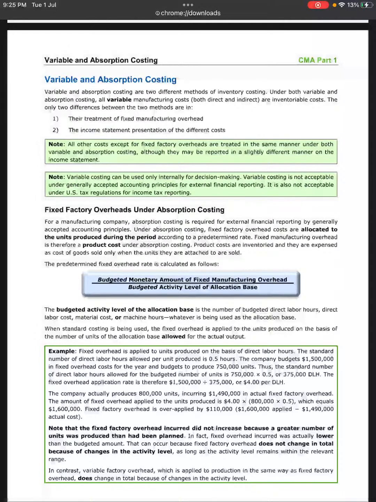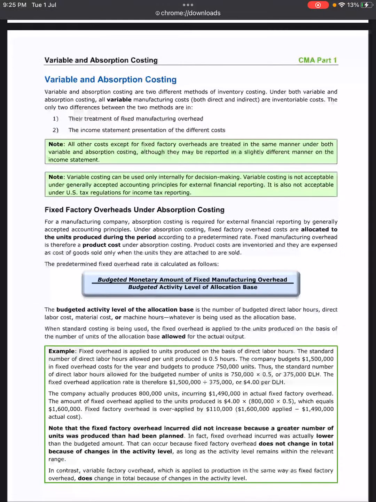Under absorption costing, fixed factory overhead costs are allocated to the units produced during the period according to the predetermined rate. Fixed manufacturing overhead is therefore a product cost.